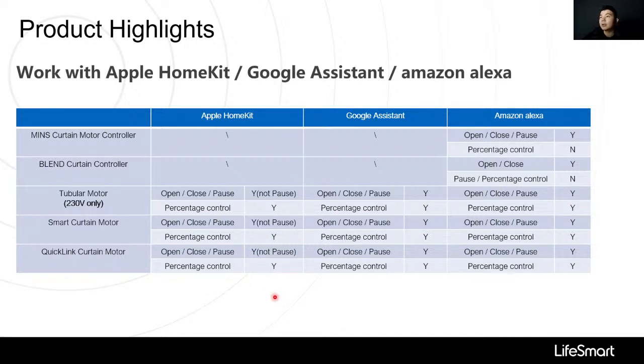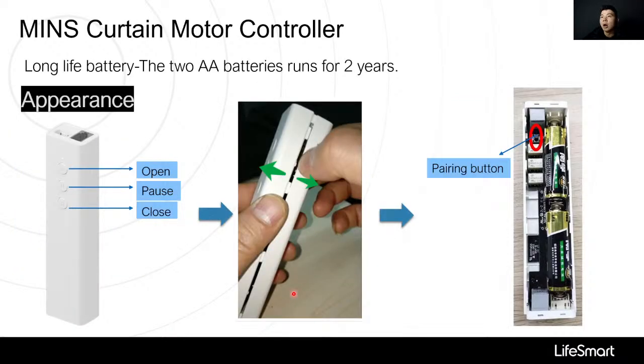Next, I will introduce the important parameters and the installation of each product. First is the MINS curtain motor controller. Here is the appearance. On the surface, you can see three physical buttons: open, pause, close, and disassemble the shell, and you will see the pairing button.